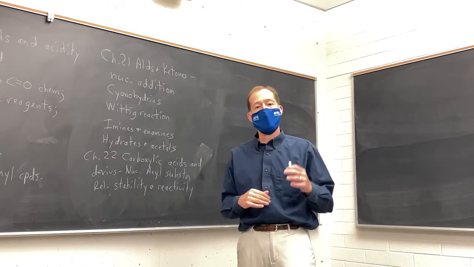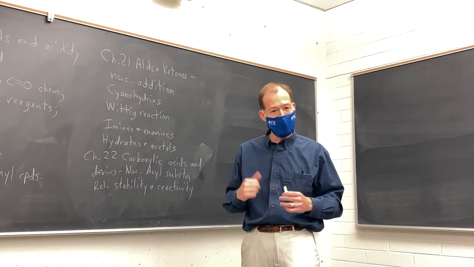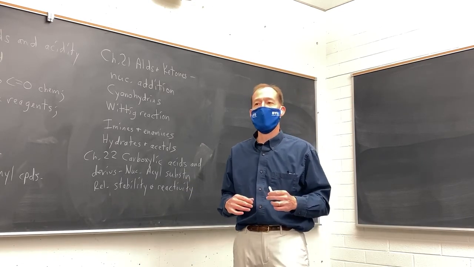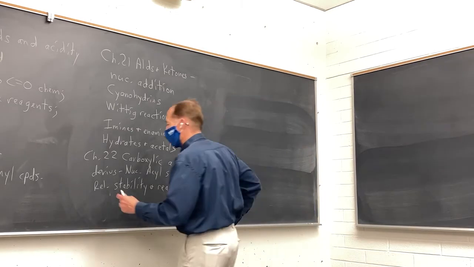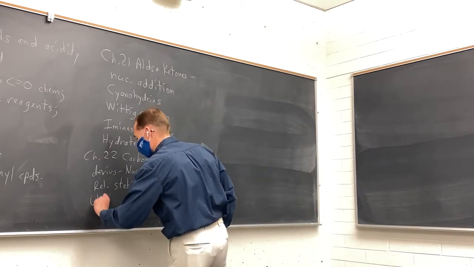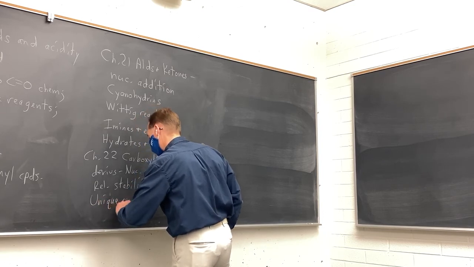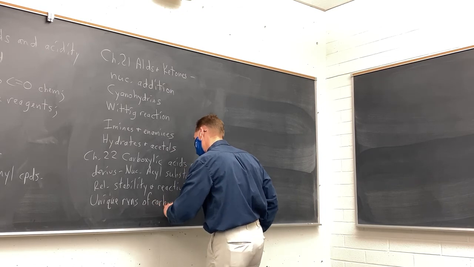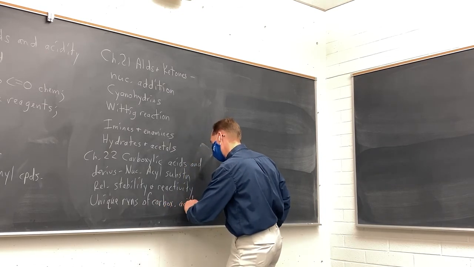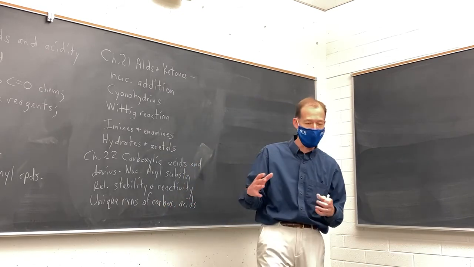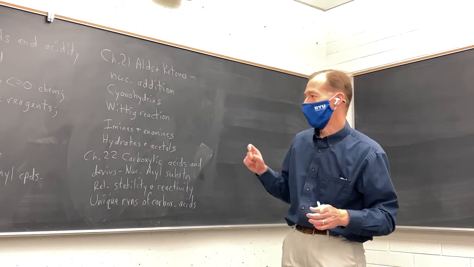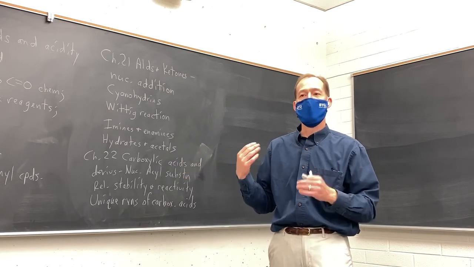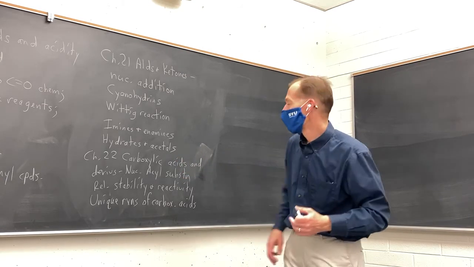Okay, so knowing the relative reactivities, the reasons for that, and then understanding the unique reactions of carboxylic acids. So our carboxylic acids differ from the derivatives because they have those acidic hydrogens as part of the OH, and we have to handle that. We have to take care of that in order to transform carboxylic acids.